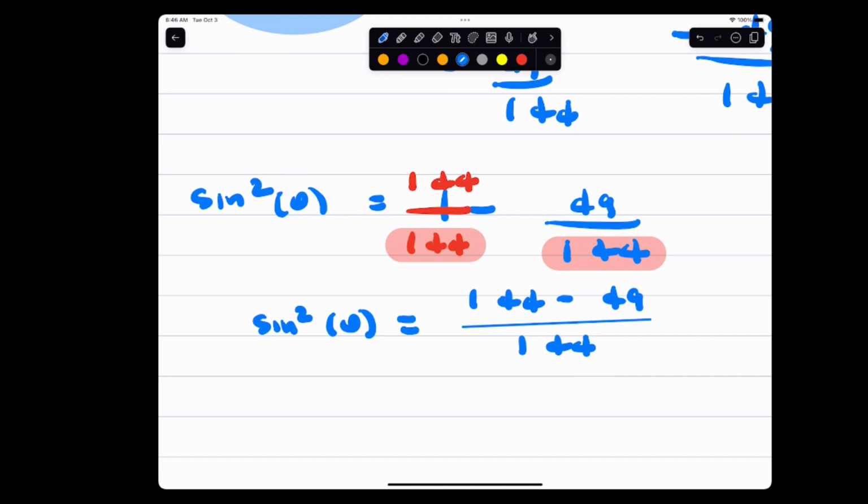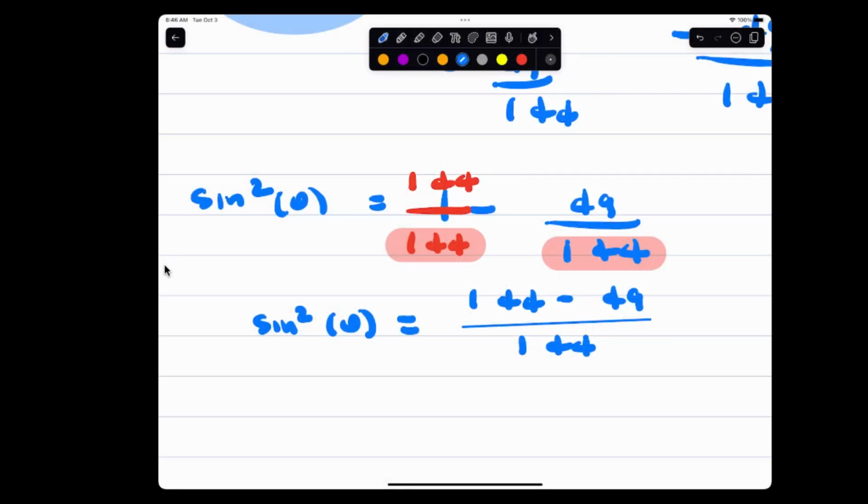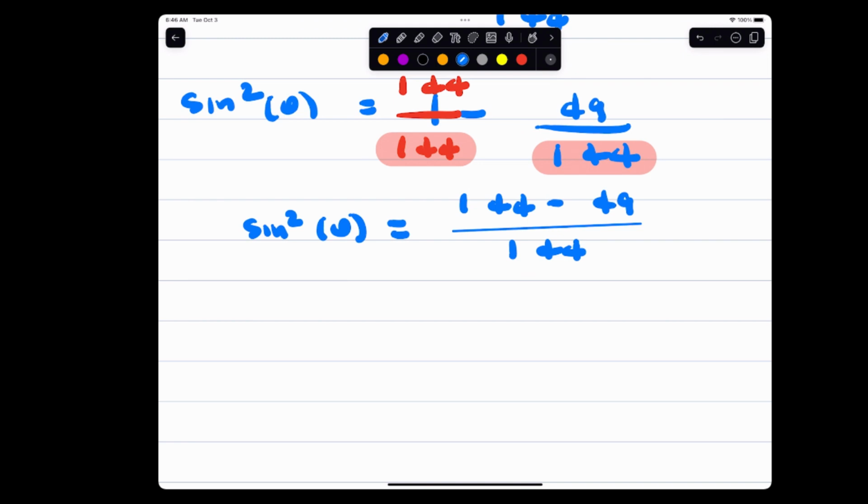You get to subtract your numerators. If I go to the calculator now, do you guys happen to know that 144 minus 49, what does that give you? Is that 95? So this is going to be sine squared theta is 95 over 144.